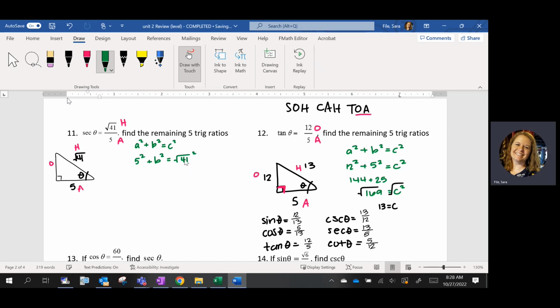Now, what happens when you square a square root? Yeah, that operation cancels. So now this is just 41. And 5 squared is 25. So then you have to subtract that to the other side.